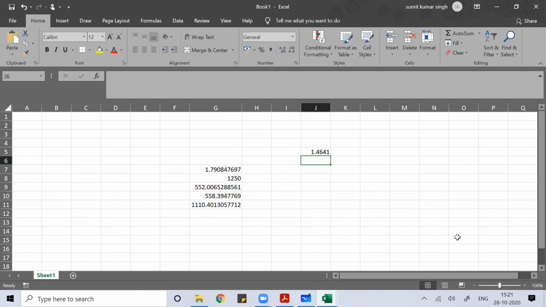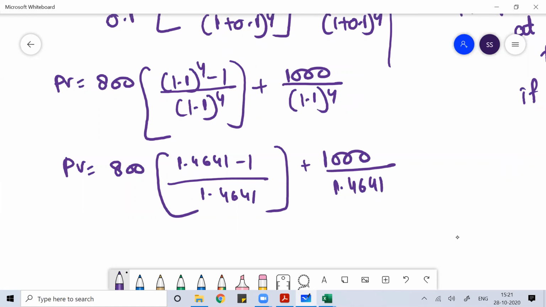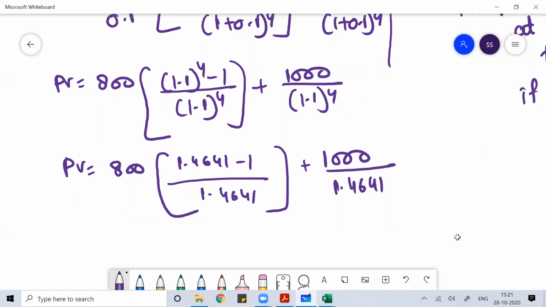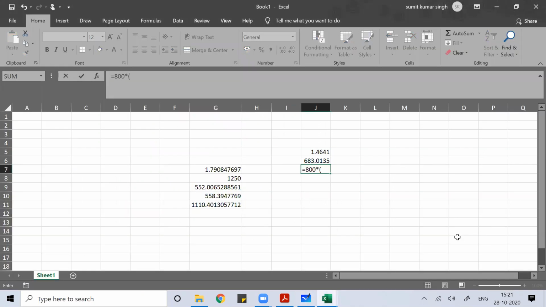So you can see this. If I have to solve this value, 1000 divided by this is 683, then this is 800, this is 800 into this minus 1 divided by this, which is 253.5892.